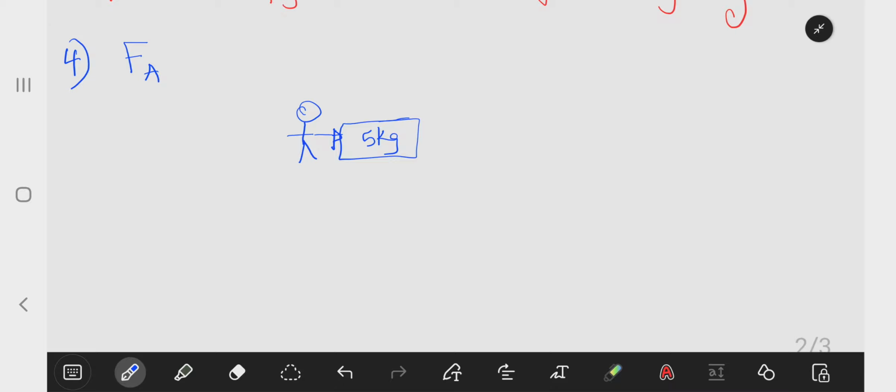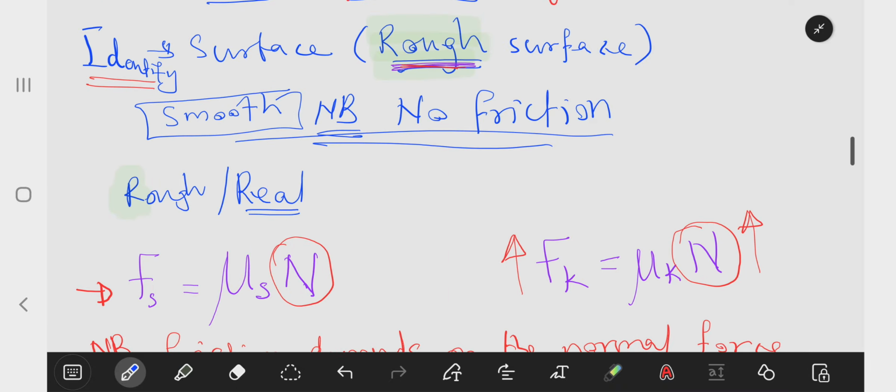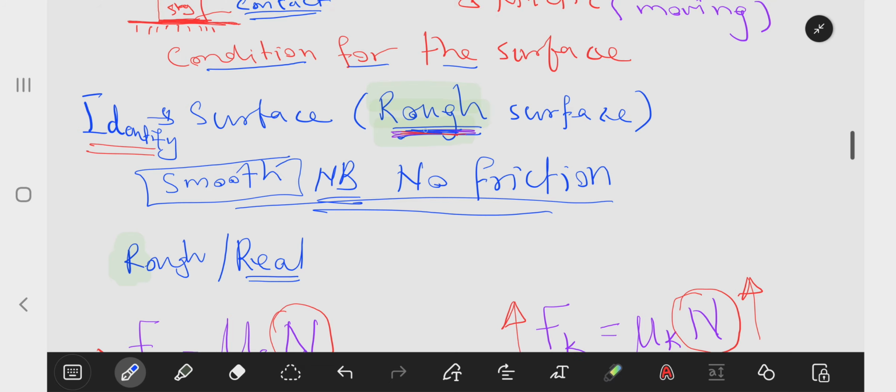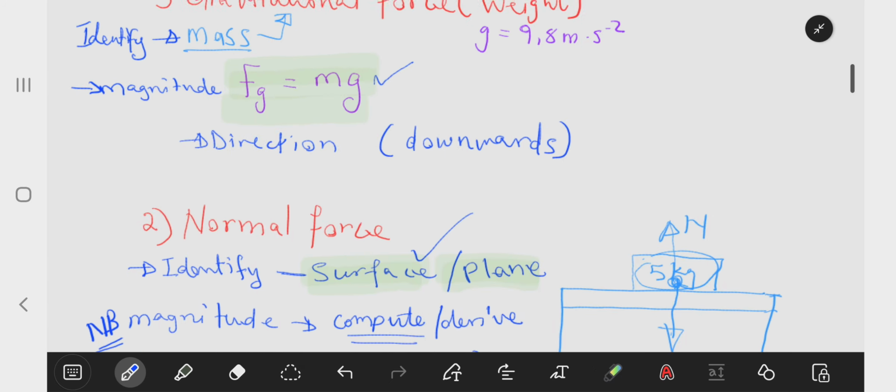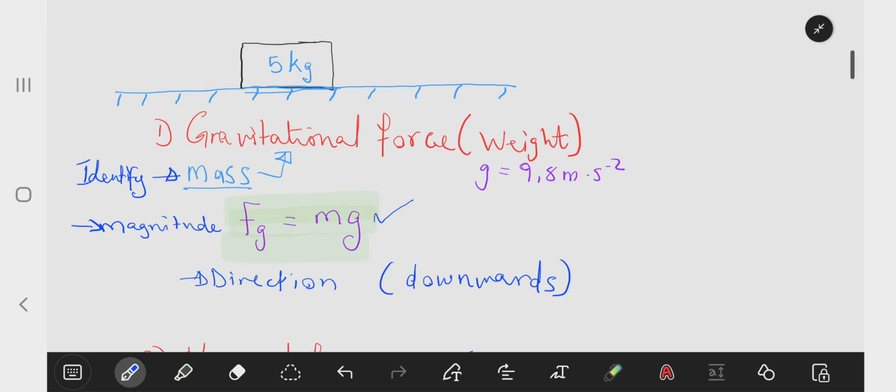There's no real key term that you can use to identify your applied force. A key term for friction is the word rough. A key term for normal force is the word surface. For gravitational force, you just need to have your mass.